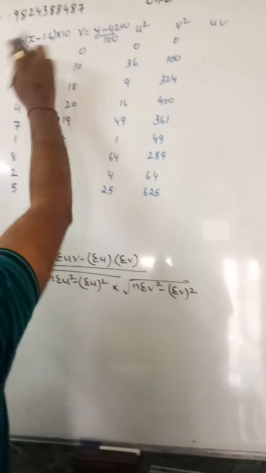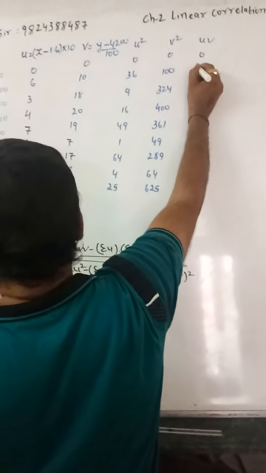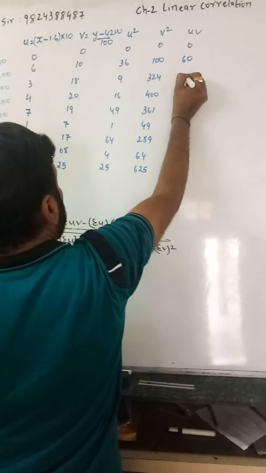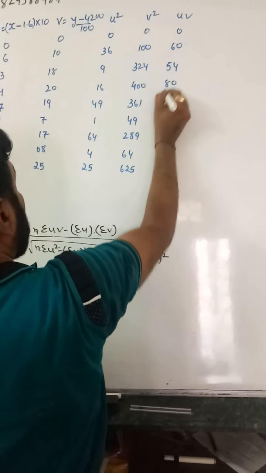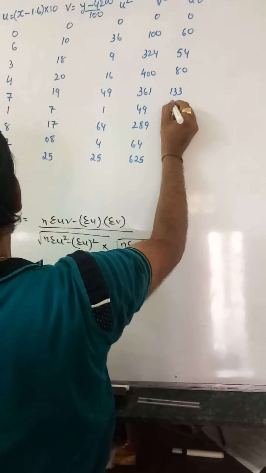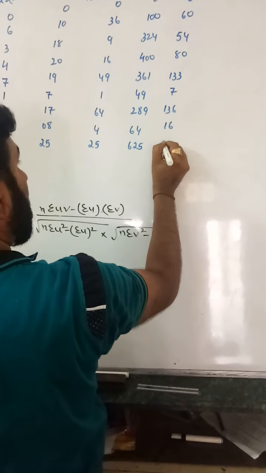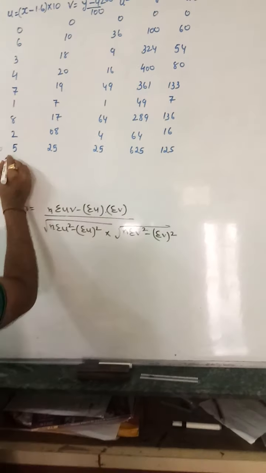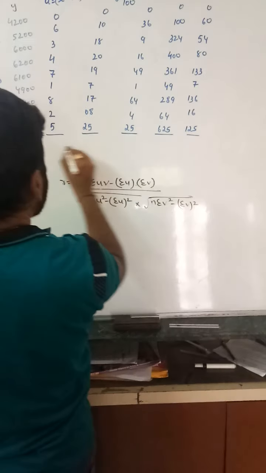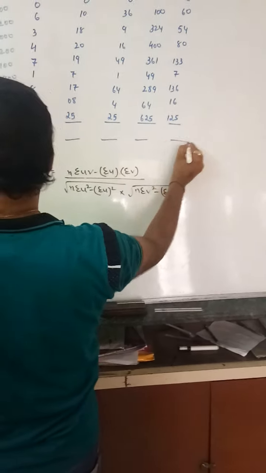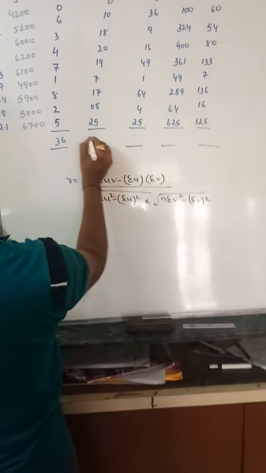Then uv, multiplication of u and v. Then making the summation of these five columns which are useful in using the formula. Summation.